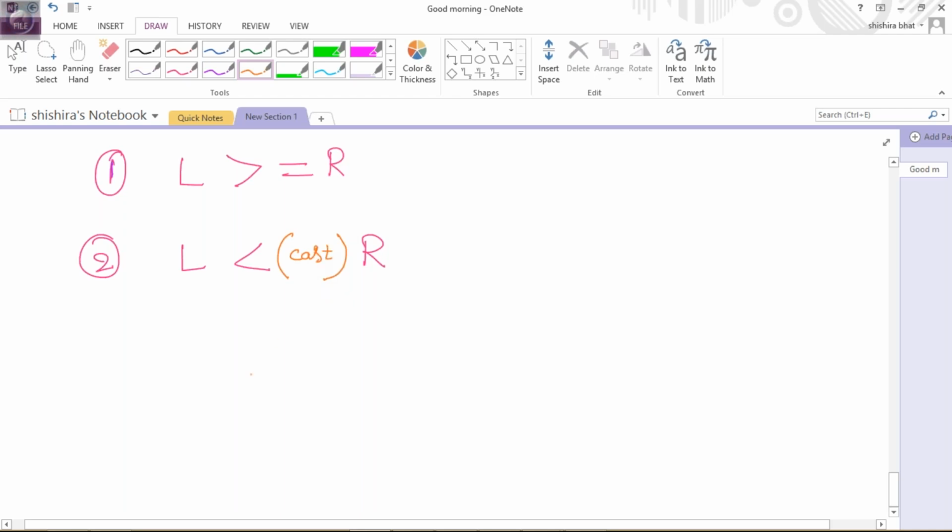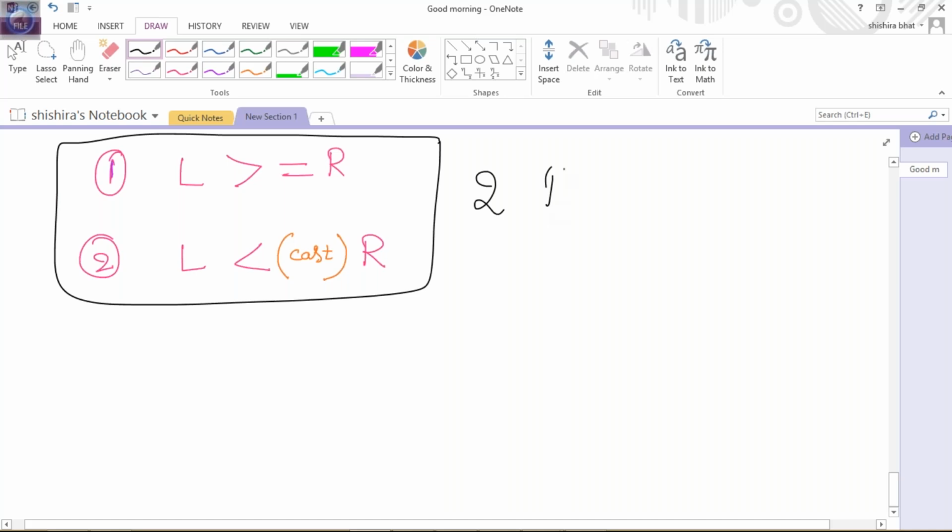This is rule number two. These are the two rules. Whenever you go for variable assignment, follow these two rules. What are the two rules?